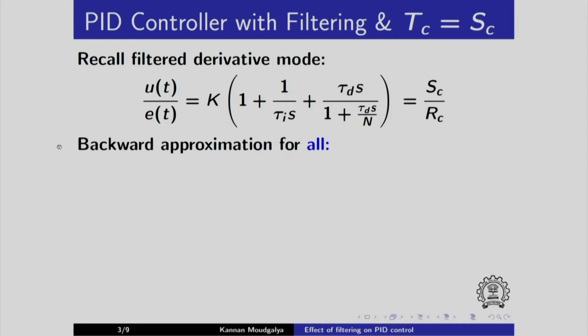Let us apply backward approximation for all occurrences of S. There are three places where S comes, one here, second one here, third one here. We will substitute for 1 over S as the following, or in terms of Z inverse we get this expression. This is the backward approximation.